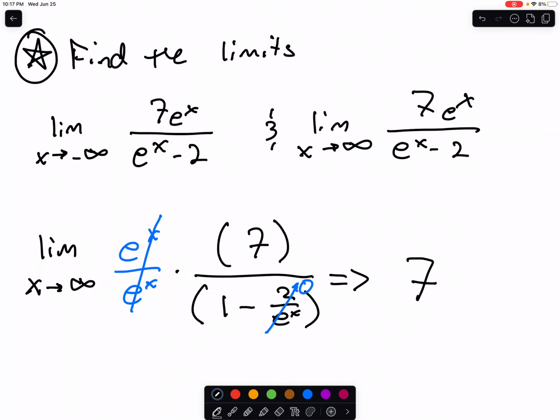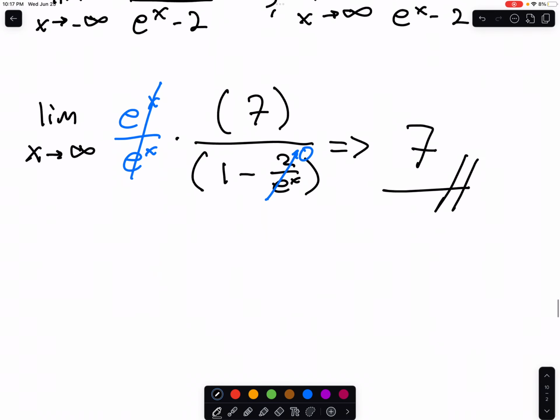So we're saying as we go off to the far right, the function is going to get closer to 7. If that were a negative infinity, okay, I think we need to actually do that one. So if we go to the far right, it looks like it approaches 7. Now let's redo it with the limit as x goes to negative infinity.